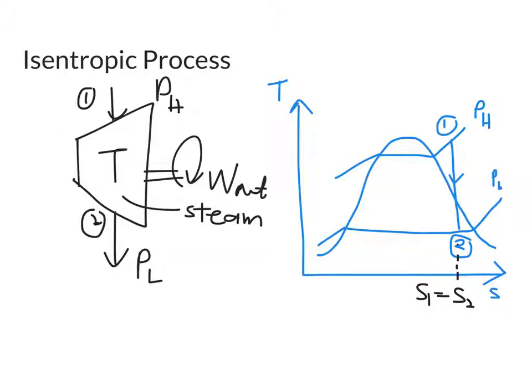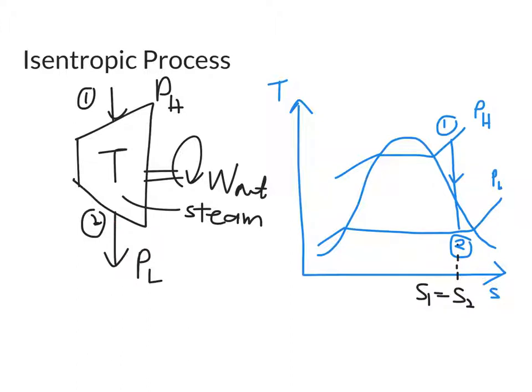This is like having an ideal thing. Or in your dynamics, the condition is a no-slip condition, where you don't have a friction force in the opposite direction. But in your thermodynamic case, there's no fluid friction in your turbine.